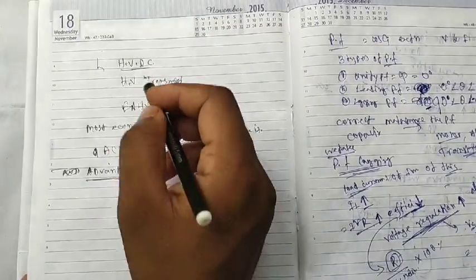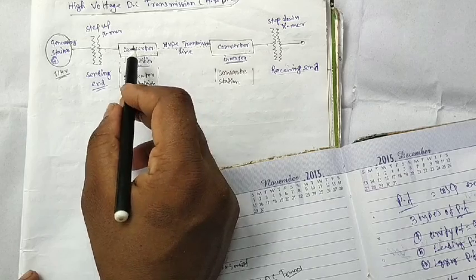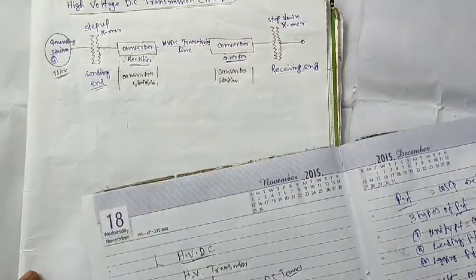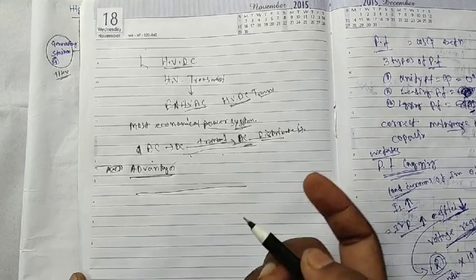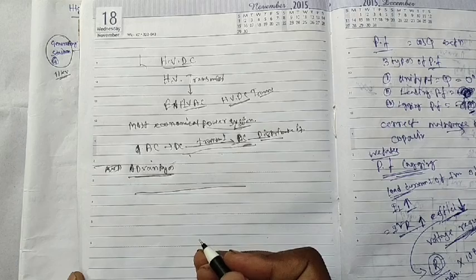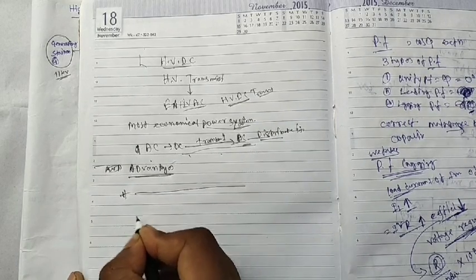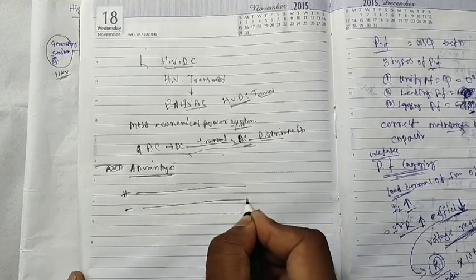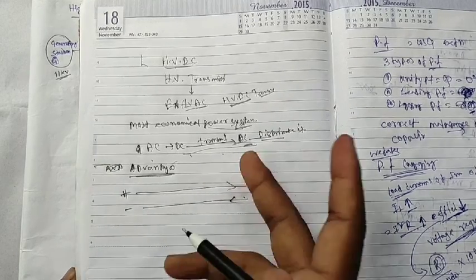If we use high voltage DC transmission, we need only two conductors. Suppose this is the transmission line. DC has only one phase, with phase and earthing, so one is a positive wire and one is a neutral wire. Only two conductors are needed.